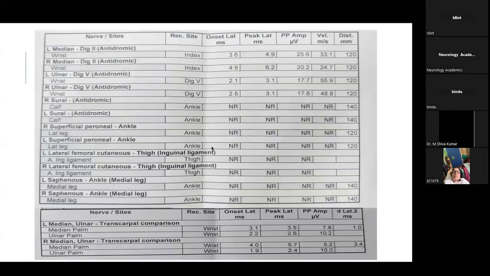Then SNAPs. Right median peak latency, bilateral median, is prolonged. Ulnar is normal. Lower limb SNAPs are absent.